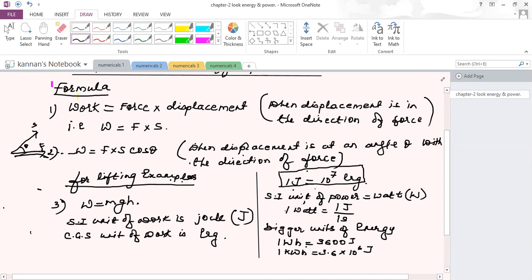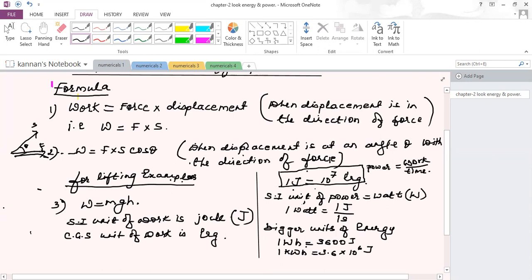Now you're going to learn about something called power. What is power? Power is work done per unit time. Remember, the formula for power is power is equal to work upon time.